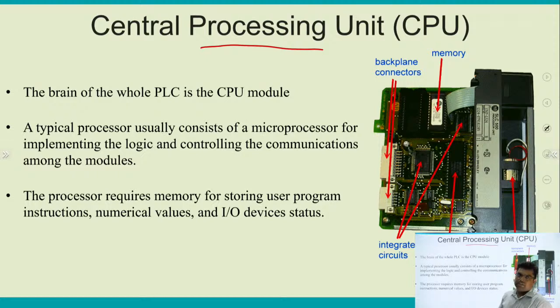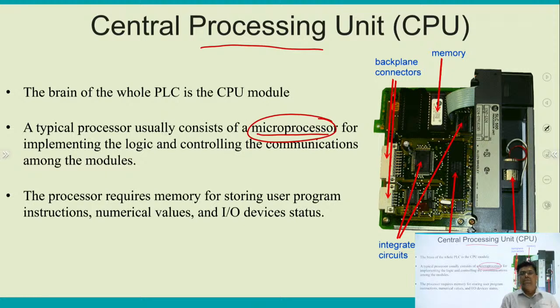So what components are used in a CPU system? The processor. It consists of a microprocessor, which we find in a PLC system. If there is any logic, like the ladder logic program we can use in a PLC system, any implementing, modifications or controlling is done with the help of this microprocessor, or you can say the CPU unit.